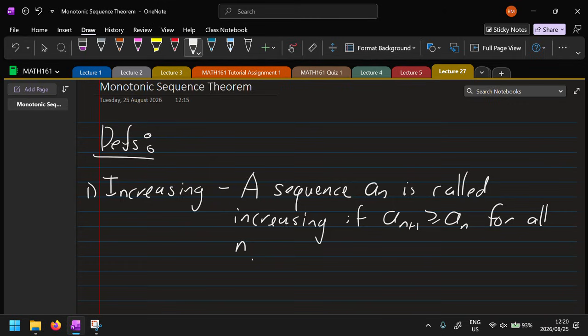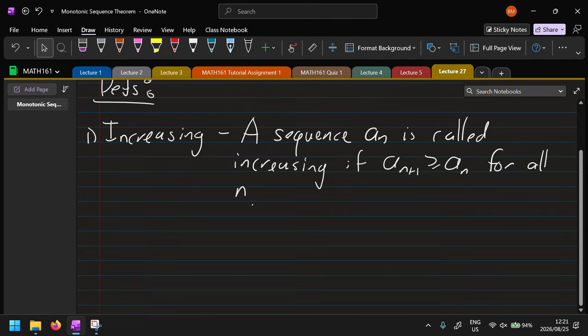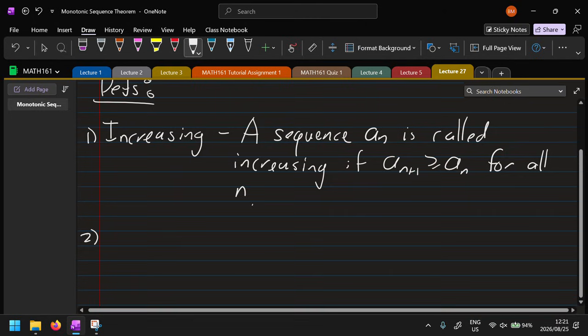So very simple definition, but we say that a sequence a_n is increasing if the next term is greater than or equal to the previous term. That makes sense, right? Increasing, so the next term must be larger than the previous one. Number two, strictly increasing.